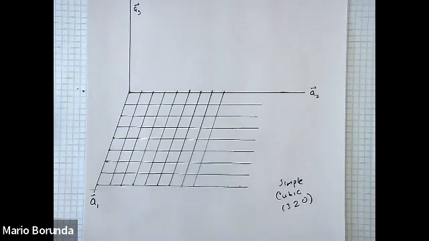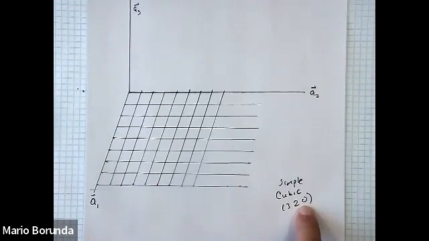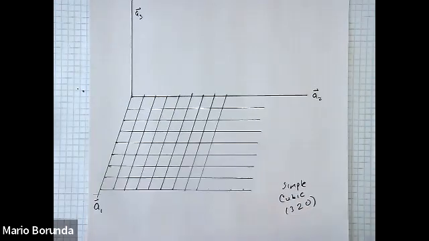The 0 tells you that it intersects at 0 or that it doesn't intersect anywhere. Exactly, it intersects at infinity. And then A1 is going to intersect at 1/3 and A2 at 1/2.